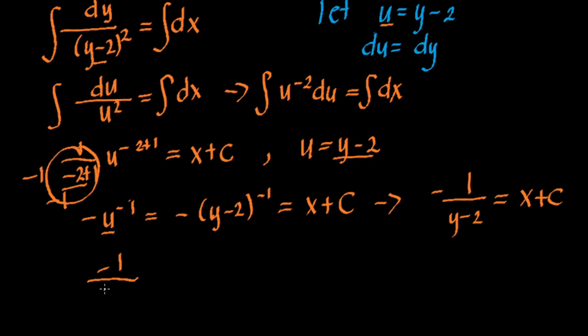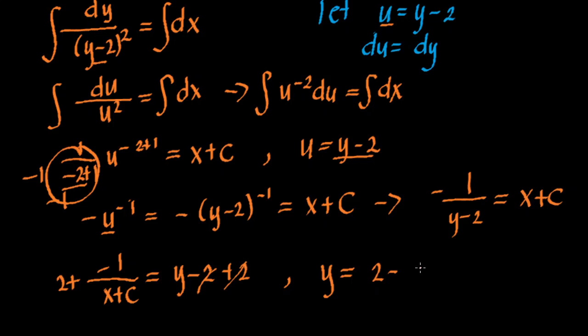So, we can move x plus c here, and our y minus 2 here, and then adding 2 to both sides of the equation, we have our solution y is equal to 2 minus 1 over x plus c. Now this is our solution.